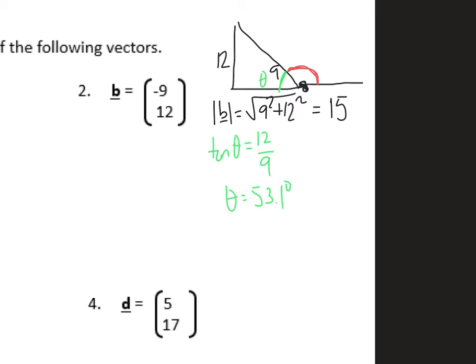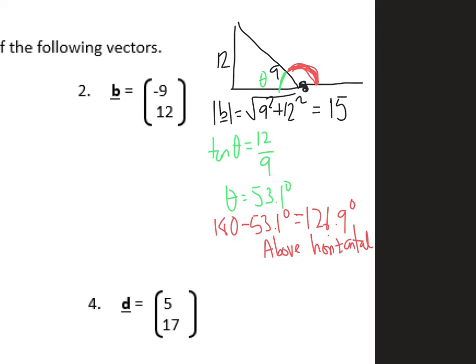So then the red angle, we'll do 180 minus that, which gives me 126.9 degrees. And again, it's above the horizontal this time. So the last one was below because it was going down. This one's above because it's above that horizontal line there.